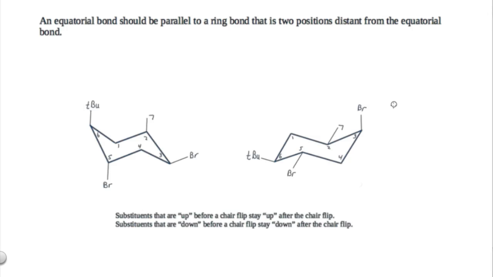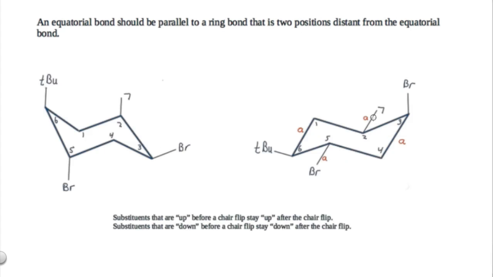By the way, I think many students might have difficulty drawing this equatorial bond and this equatorial bond at the correct angle. So here's the right way to think about that. An equatorial bond should be parallel to a ring bond that is 2 positions distant from the equatorial bond. Here's what that means here. This equatorial bond, which I've labeled A, is 2 positions distant from this ring bond.